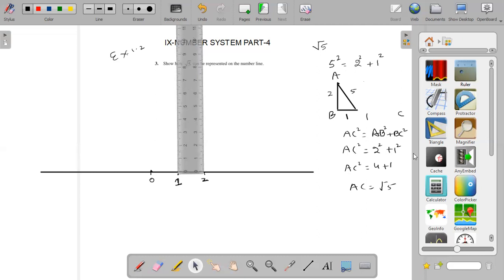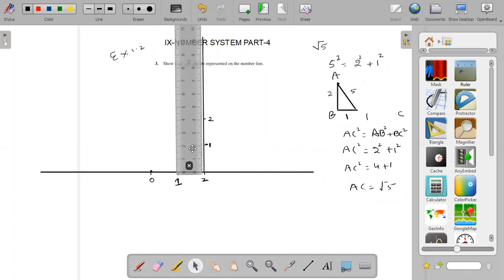So here we can draw this line. This will be 1 centimeter and this will be 2 centimeters.